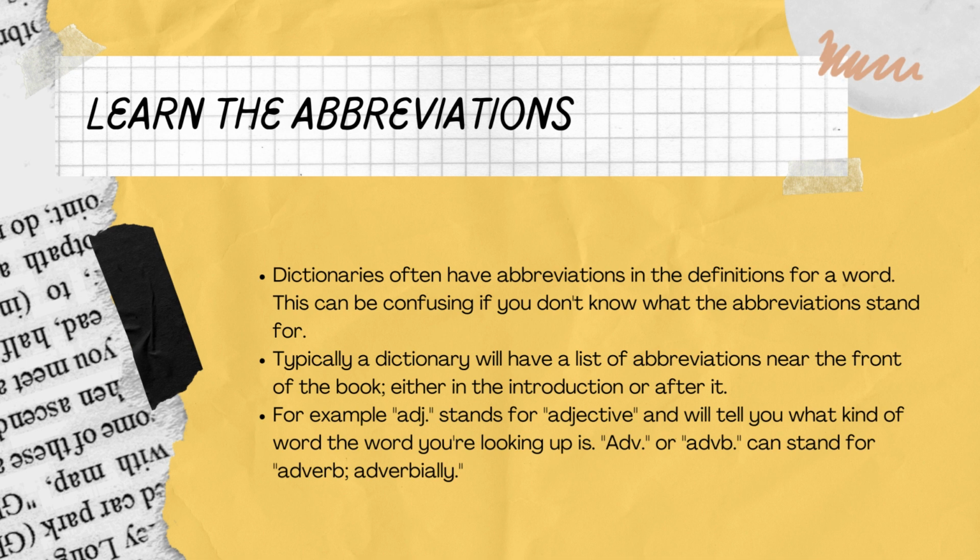Now, you have to learn also the abbreviations. Why? Because dictionaries often have abbreviations in the definitions for a word. So this can be confusing if you don't know what the abbreviations stand for. For example, typically, a dictionary will have a list of abbreviations near the front of the book, either in the introduction or after it. So it would be better to check it.